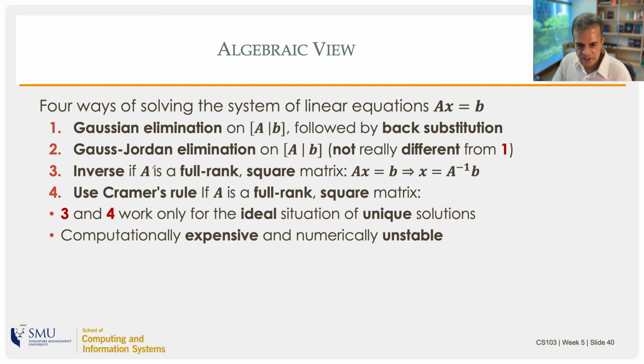Of course, 3 and 4 will work only for the ideal situation when you have unique solutions, and also when the matrix is invertible, which means the determinant, which appears in the denominator of the inverse calculation, as well as Cramer's rule, is non-zero. They are both computationally very expensive and also numerically not very stable. Not good things to do on a computer, but nice things to write down in a mathematics paper.